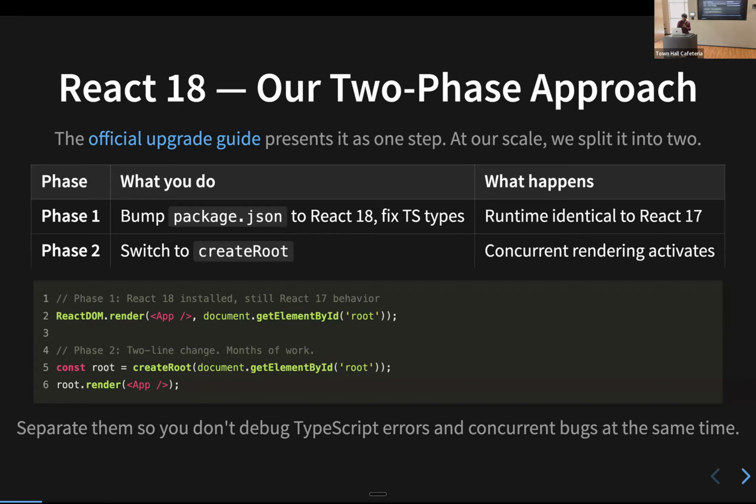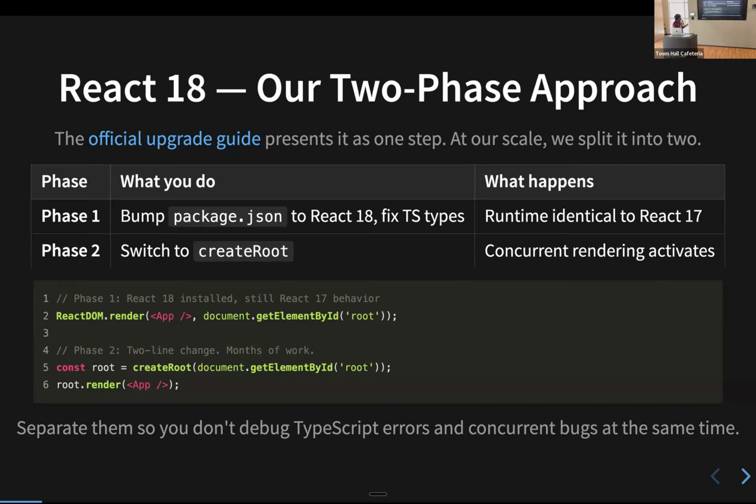To upgrade to React 18, if you go over the official upgrade guide, it presents it as a one-step upgrade process. But it doesn't work at our scale. For example, we have more than 60K files and a lot of dependencies as well.